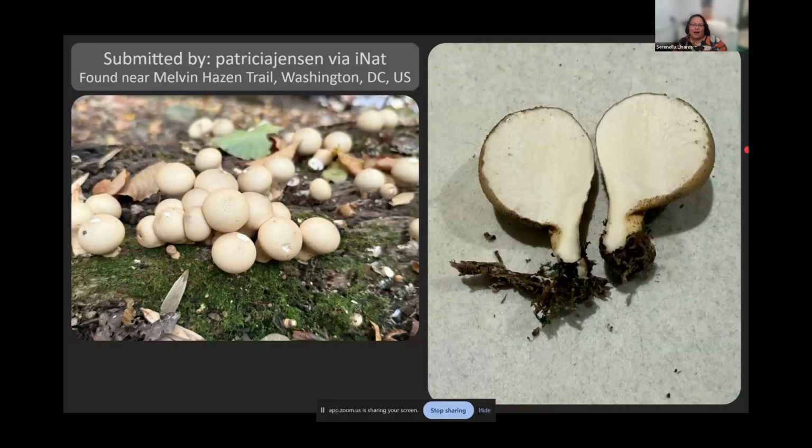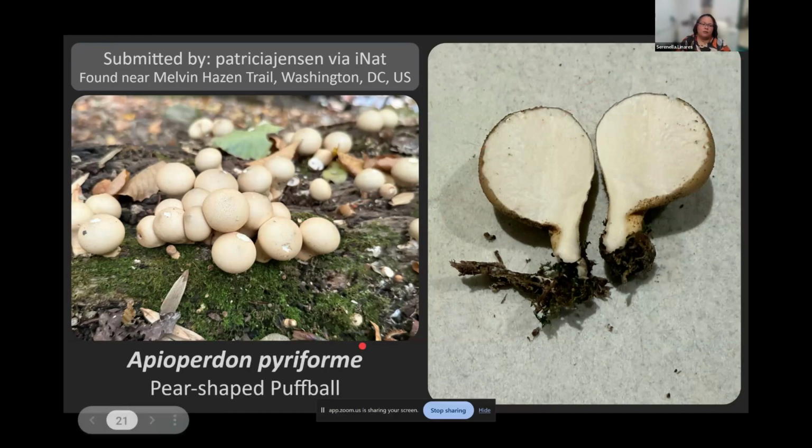Everywhere that you have dead log right now, even in wood chips, you are seeing this species pop up out of the blue. And this is Apioperdon pyriforme, otherwise known as the pear-shaped puffball or the stump puffball. These guys are also edible.